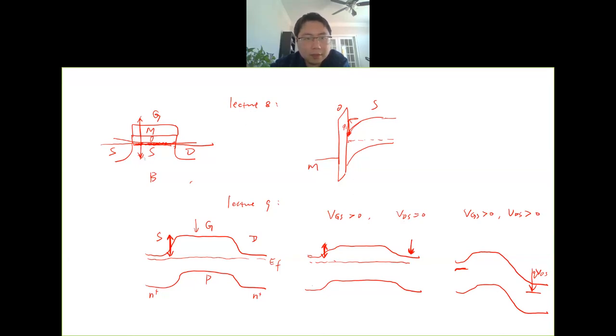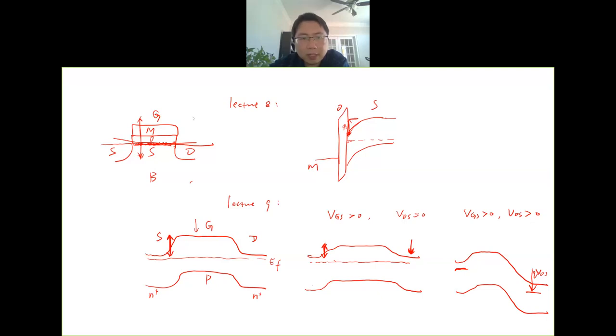If you look at this vertical direction, the band diagram looks something like this. You have the metal with a single Fermi level, and then the oxide has a larger band gap, and then you have the silicon substrate.